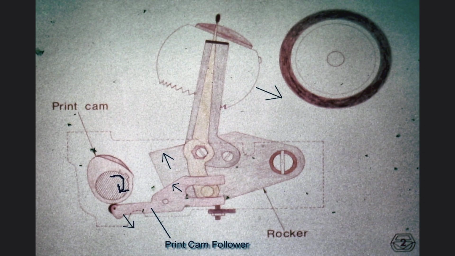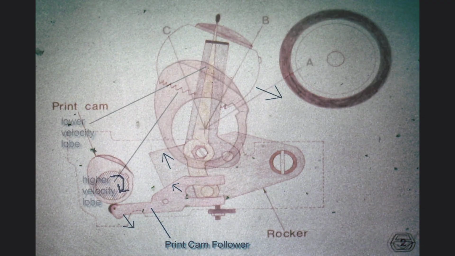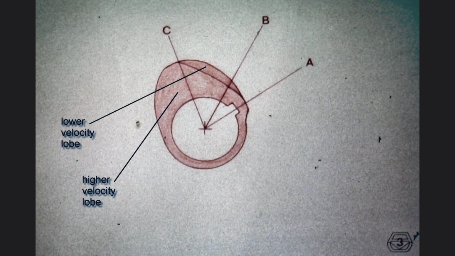As we examine the lobes on the print cam, we find that both are equal in height, which means that the cam follower is not pushed out of the way of the cam any further with one lobe than with the other. If we examine the print cam from the right side, as shown here, we notice that the difference between the two lobes is that the left lobe starts to move the print cam follower much earlier than the right lobe.